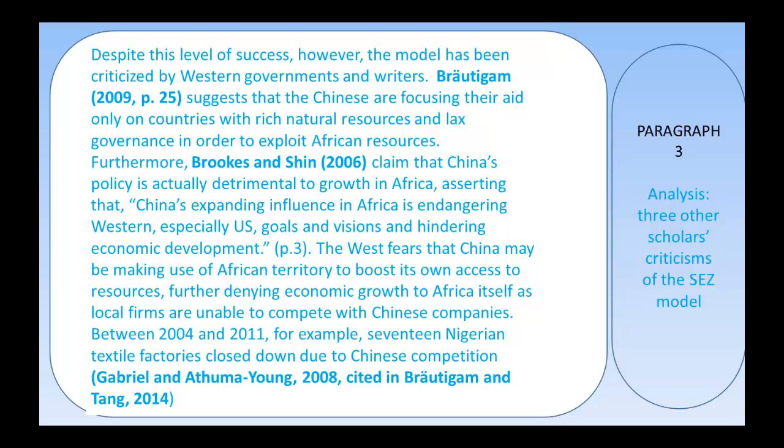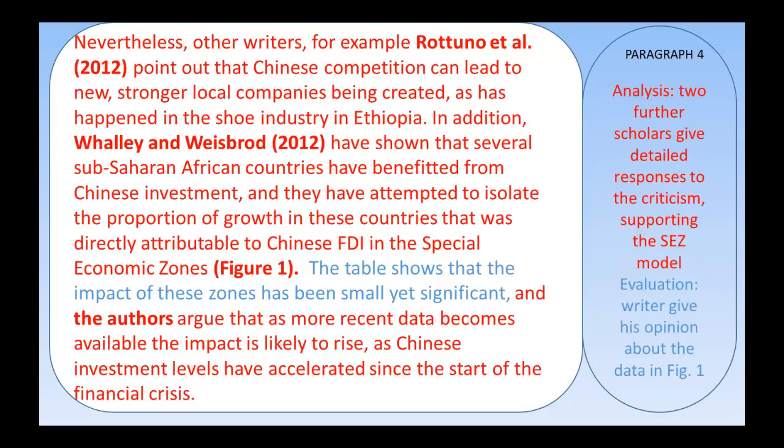Here we don't have any evaluation. All we have is the writer reporting on the criticisms of scholars about the SEZ model. But then in the next paragraph, we have more analysis, more detail, two scholars responding to that criticism. So the writer is showing us in detail what other scholars think of that criticism of the Chinese SEZ model.